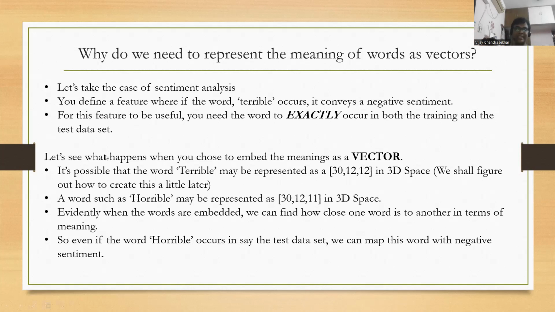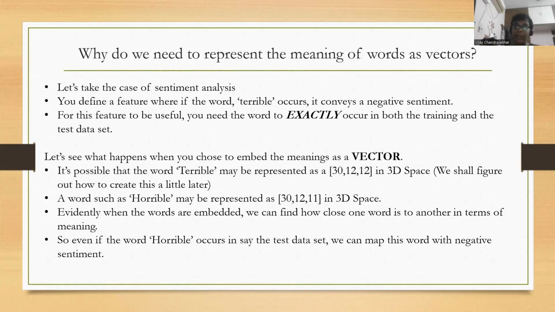So we're saying it's possible that the word terrible may be represented as 30, 12, 12 in 3D space. Okay, so 3D space la 30, 12, 12, the word terrible populate பண்ணிட்டோம். Maybe in the training data set I may not get the word terrible, but I might have the word horrible, and the word horrible may be represented as 30, 12, 11.